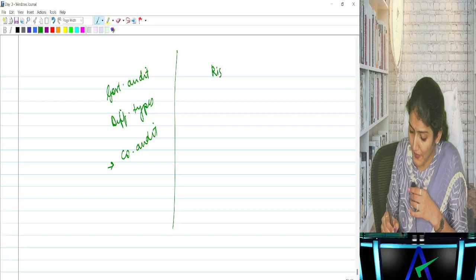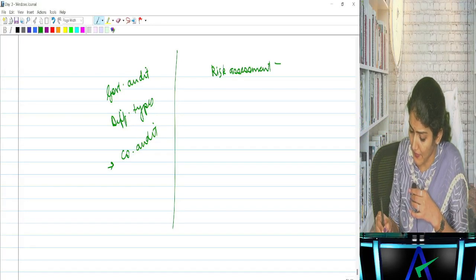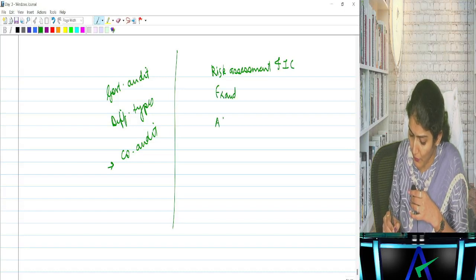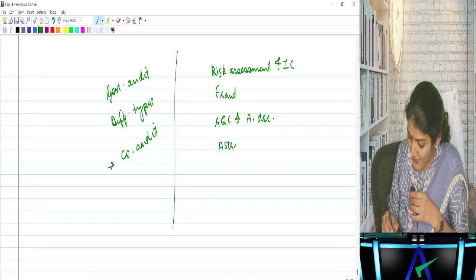Apart from that, we have the risk assessment and the internal control. Then the chapter regarding fraud. Then the audit quality control and the audit documentation. Then you also have the audit strategy, the audit planning, and the audit program, right?